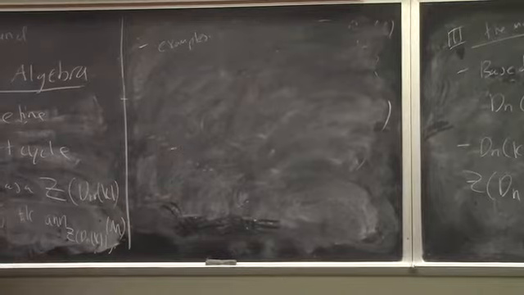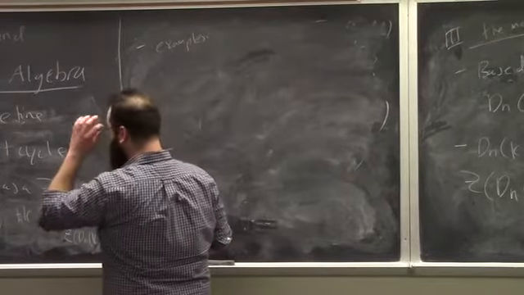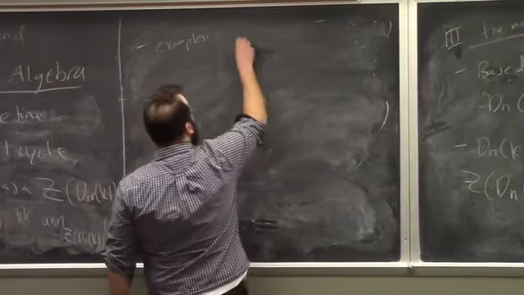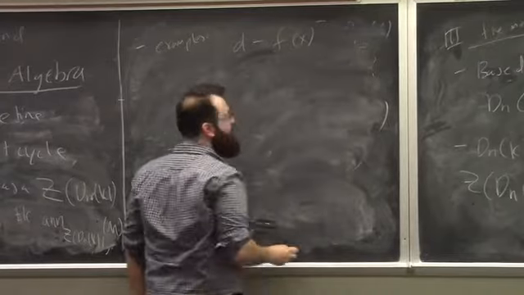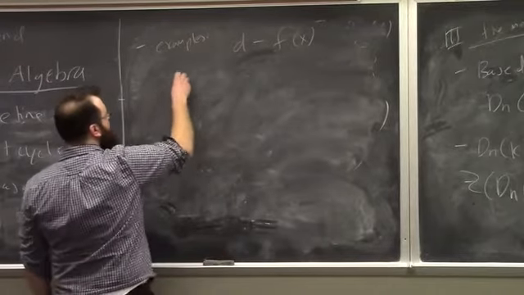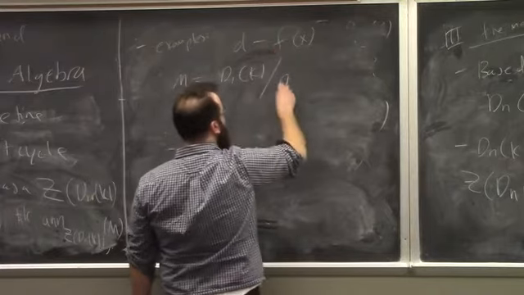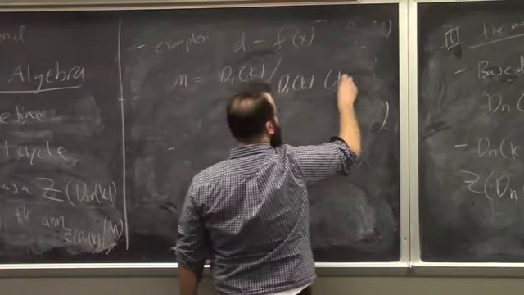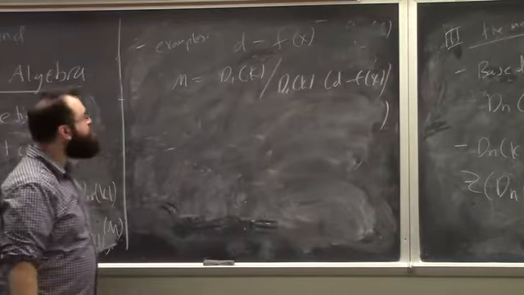So let's see this thing in action. Let's suppose that I take an ordinary differential equation which looks like d minus f of x. So my module is just D1k mod D1k times d minus f of x, where f is some polynomial.